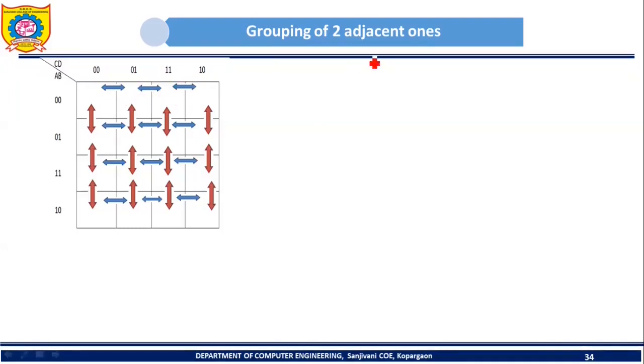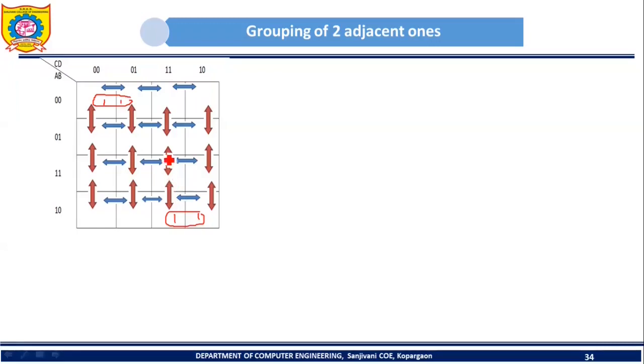If we have two 1s in two horizontally adjacent cells, then we can make a group of those two 1s. Let's assume that here we have 1, here we have 1, then we can make a group of these two 1s. Similarly, if we have 1 here and 1 here, these two cells are adjacent to one another, so we can make a group of these two 1s.